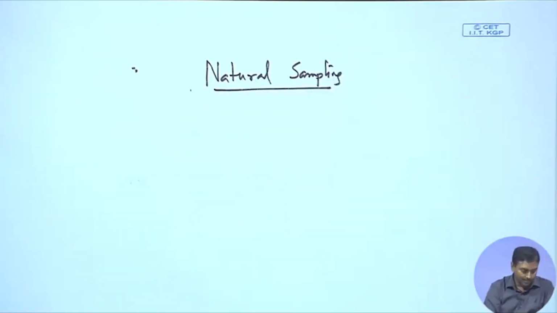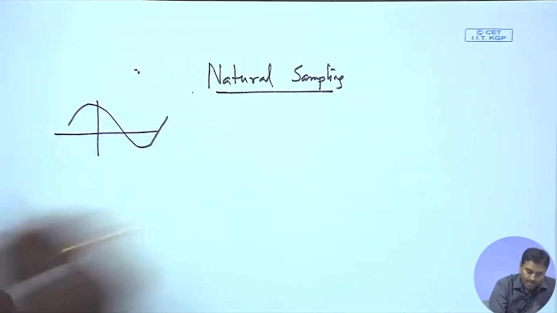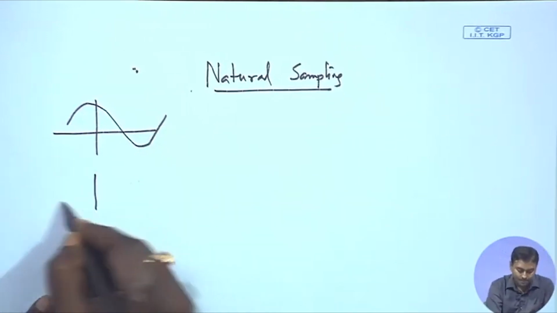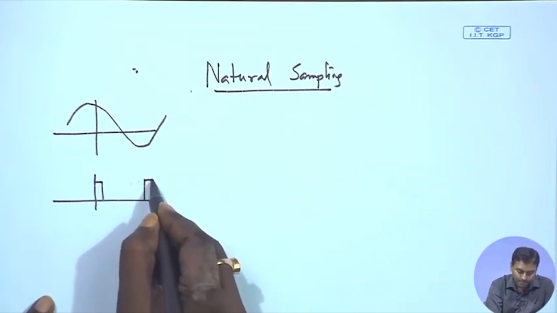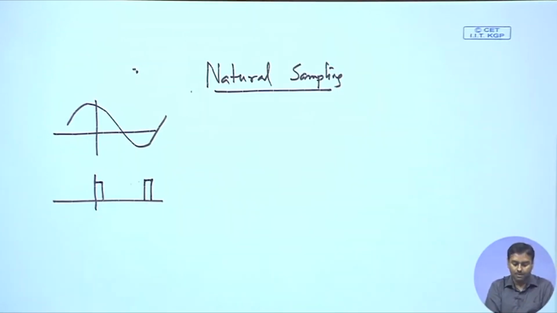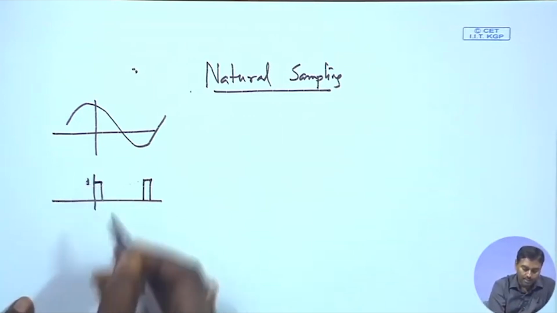What is natural sampling? It is something like this. I have a signal, and I have a pulse train, where the pulse amplitude is assumed to be unity.